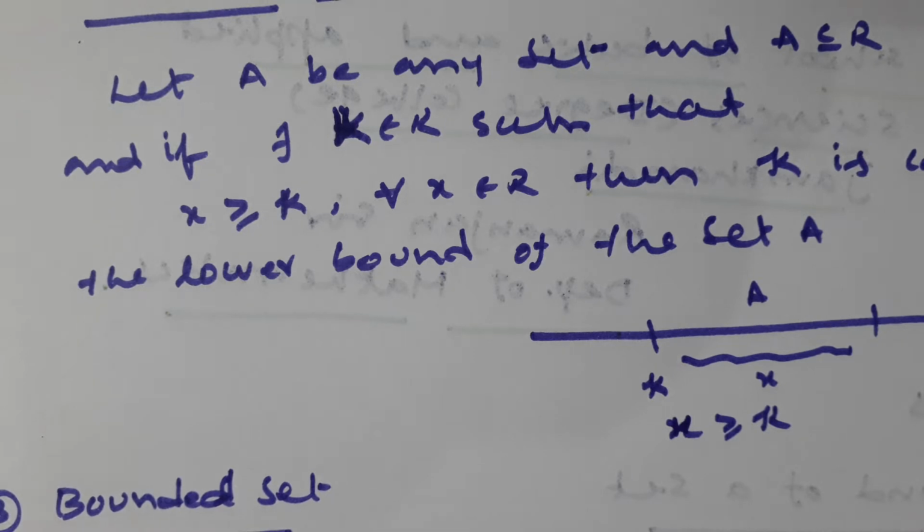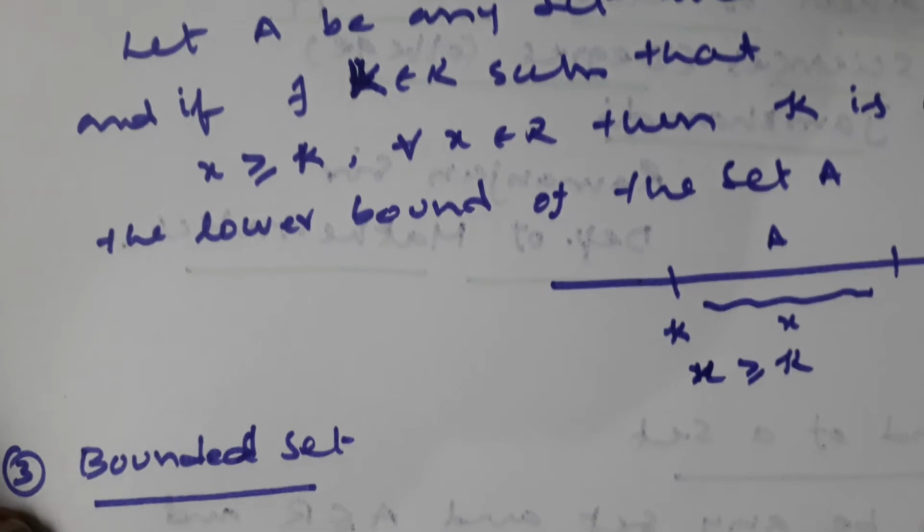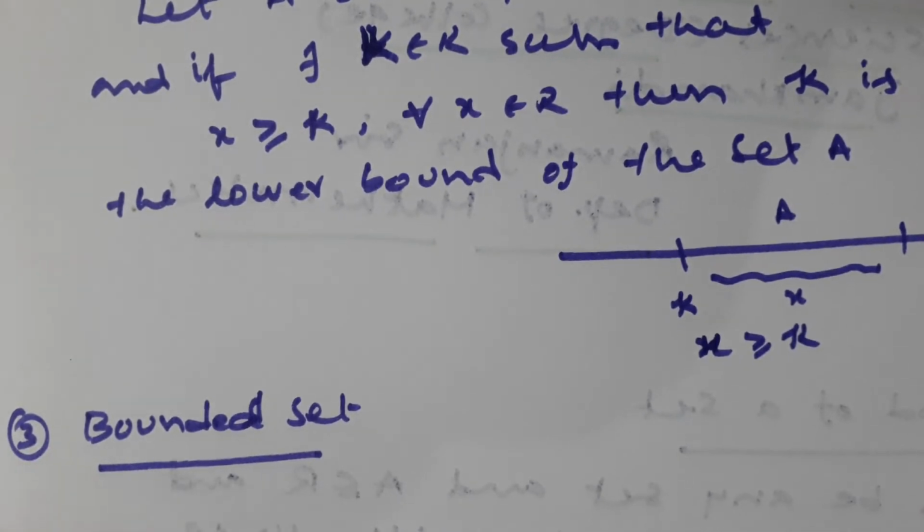If any set has the lower bound as well as the upper bound, then that set is called a bounded set.